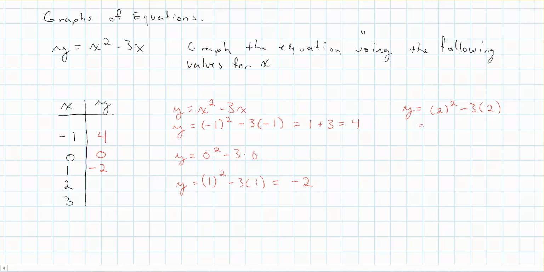So this would be 4 minus 6, which is also -2. And then for 3, we'd have y equals 3 squared minus 3 times 3, which is of course just equal to 0. So we have 0 here, and this one was -2. Alright, so we have our table with our points.